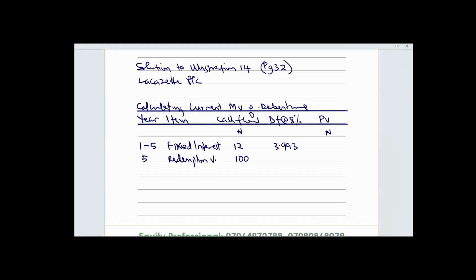Then, of course, the discount factor for year 5 at 8%: 1.08 raised to power minus 5. What do you get? 0.681.